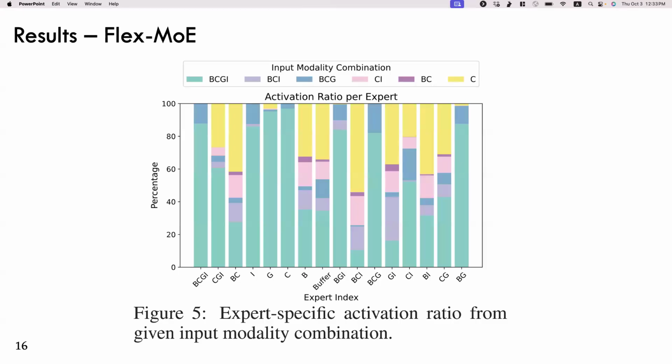By design, if it's utilizing the clinical notes, we by default activate the clinical expert. The other part is data-driven and learned by the AI model.